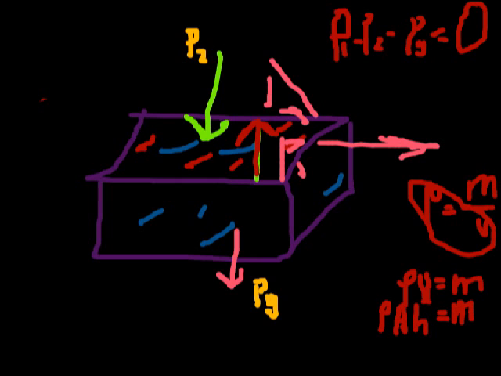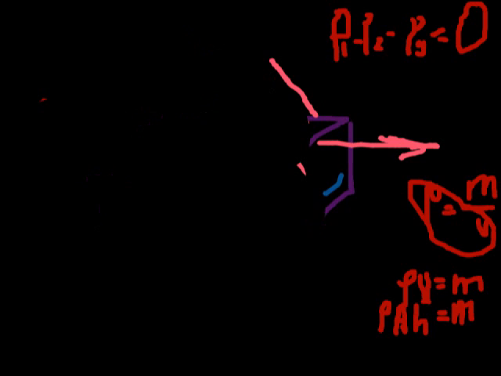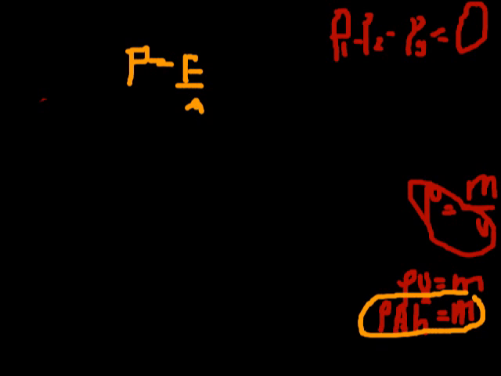Since we already know that mass equals density times area times height of the liquid, and we also know that pressure equals force divided by area, we could write that the pressure of gravity equals mass times acceleration due to gravity, because it's the weight pointing down, divided by the cross-sectional area of part of the container.